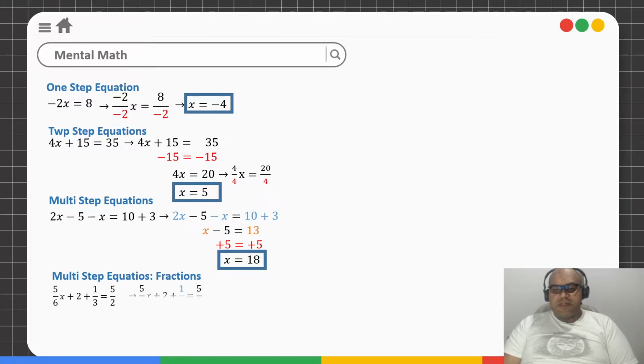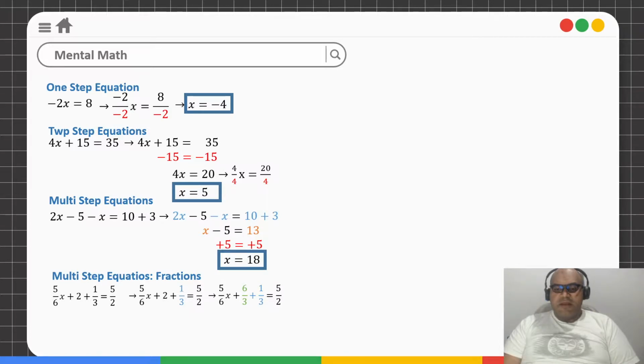And the last one, multi-step equation: 5/6x plus 2 plus 1/3 equals 5/2. First of all, we need to combine like terms again. Which ones, mister? On the left-hand side we have 2 plus 1/3. But they have different denominators. We need to make the same denominator, the LCM.